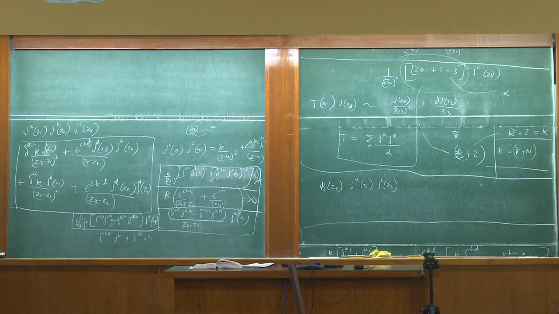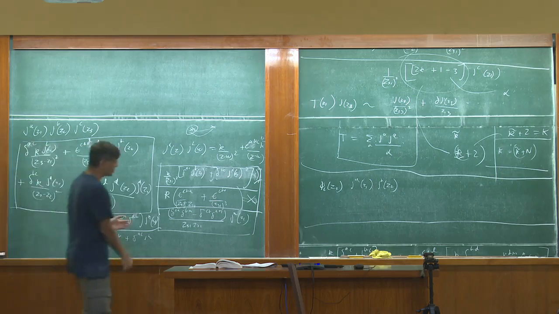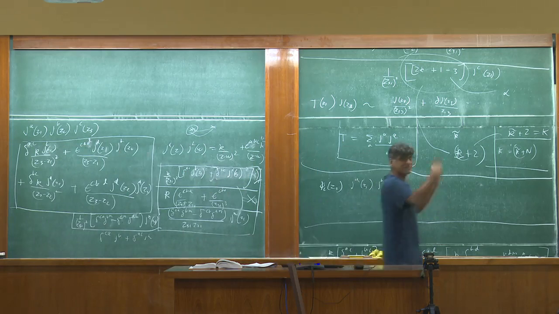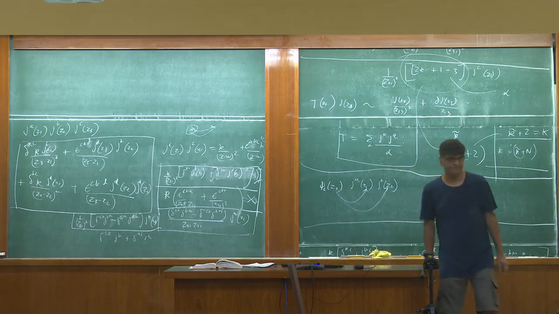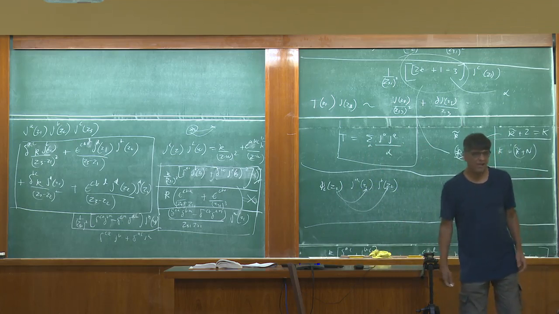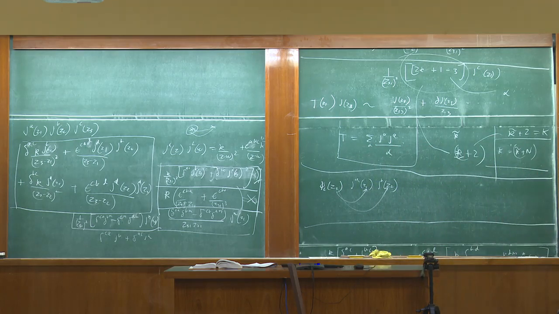So now the exercise we can do is to look at this product of three operators, and once again keep all terms that are singular as this guy goes to this guy and this guy goes to this guy. Once again keep all terms that are singular as these two go to each other.